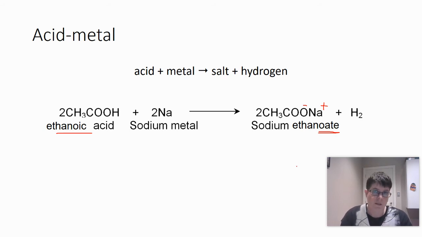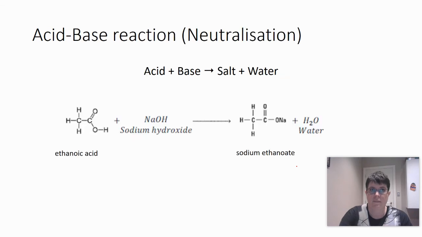So an acid plus a metal makes salt plus hydrogen gas, H2. The acid-base reaction, otherwise known as a neutralization reaction, is an acid plus a base makes salt plus water. So we've got ethanoic acid here as an example, 2 carbons, going to react with our base here, sodium hydroxide, to form sodium ethanoate plus water.